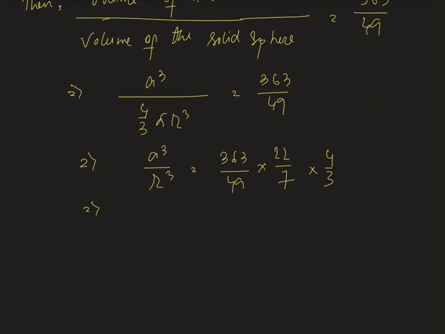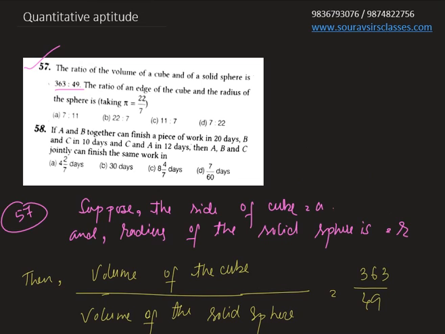Now from this we get a by r is equal to 11 into 2 divided by 7, that means 22 by 7. Okay, so our required ratio is 22:7, hence option B is the correct answer.